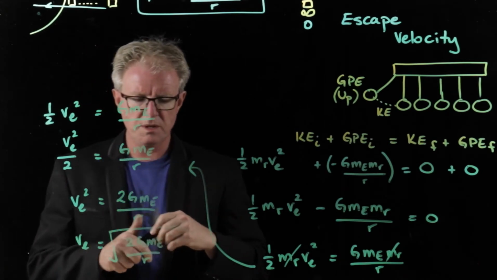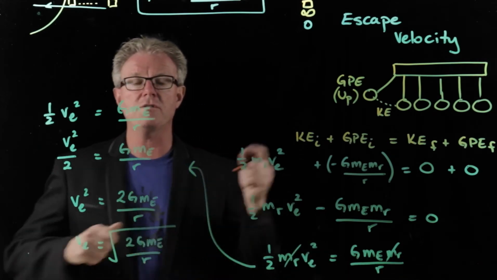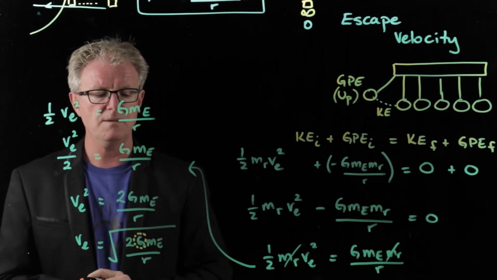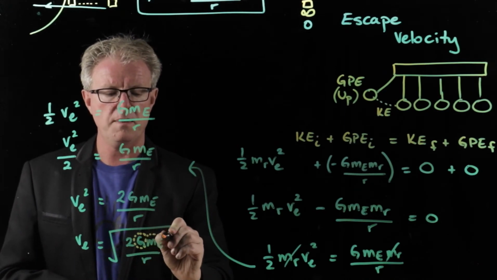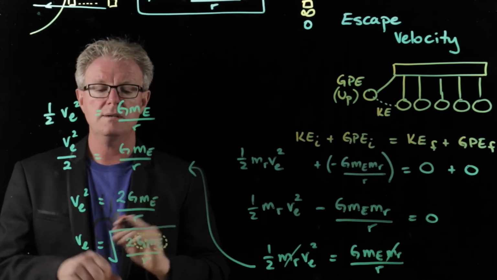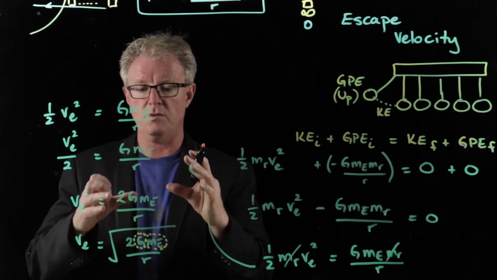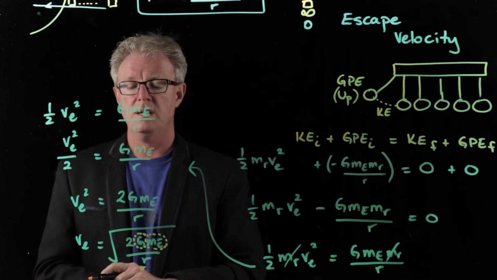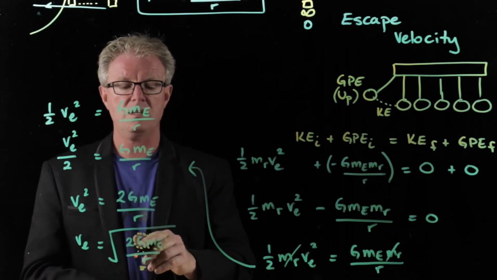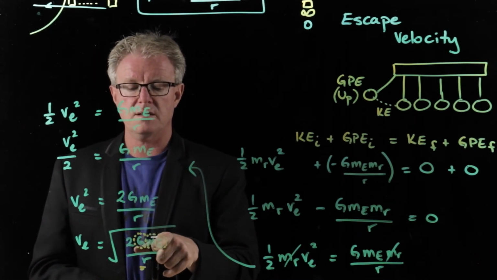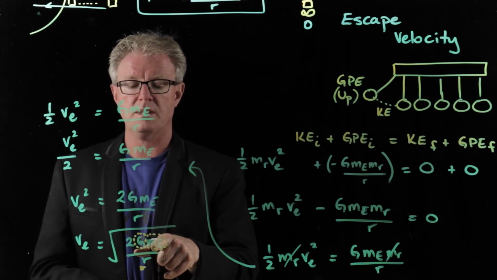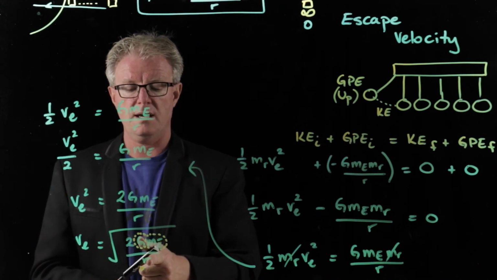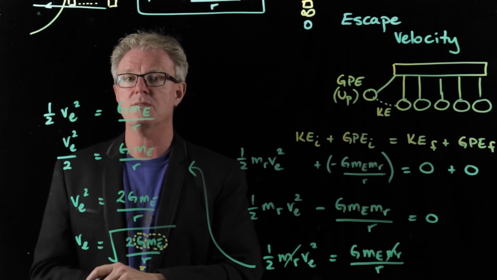Okay, and so what we can see is the escape velocity of an object is dependent upon the gravitational constant G. It's dependent upon the mass of the central body that you're on, and of course the distance or the radius away. And so you would expect therefore that as the mass gets bigger, then so should the escape velocity. And it also depends on r as well.